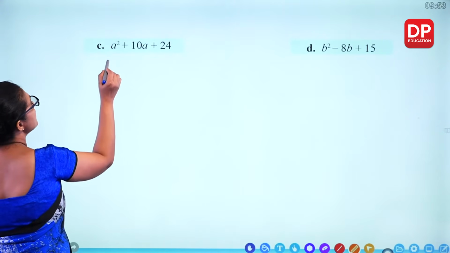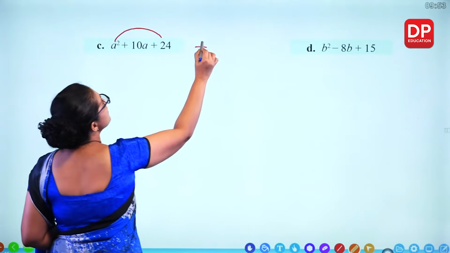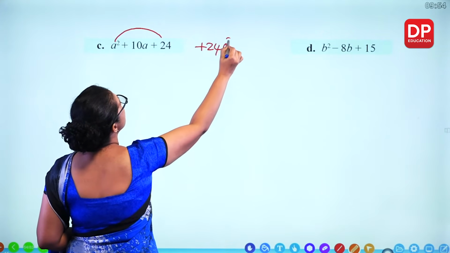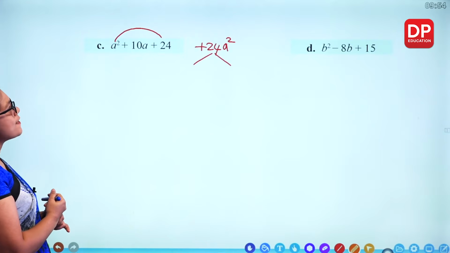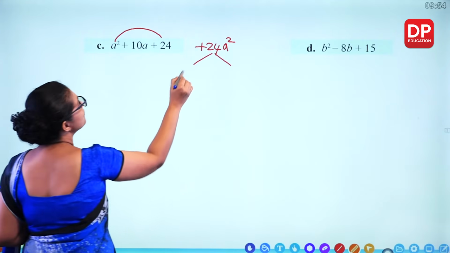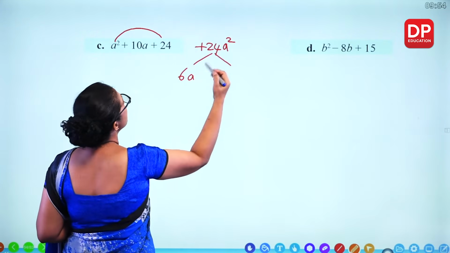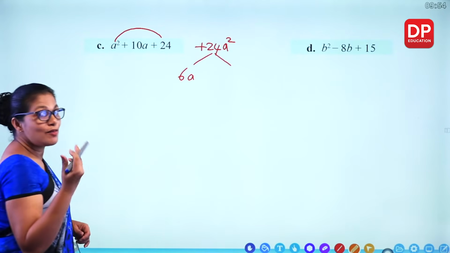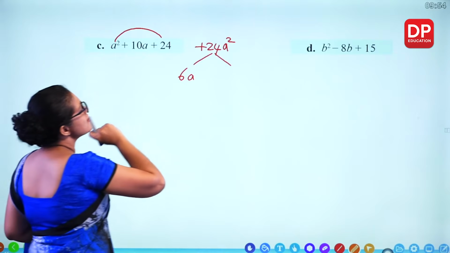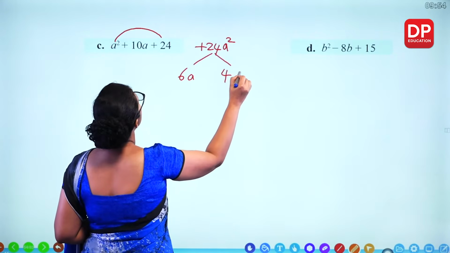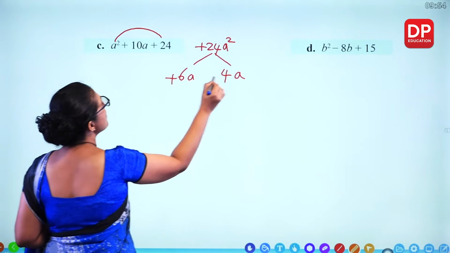This is also positive. Positive 24a squared. Factors of 24 to get 10. 6 and 4. When you are doing sums, you can easily get the correct factors at once. 6 and 4, both positive.